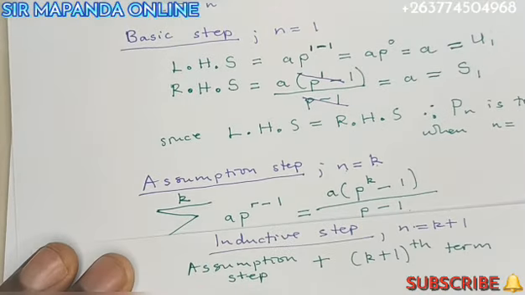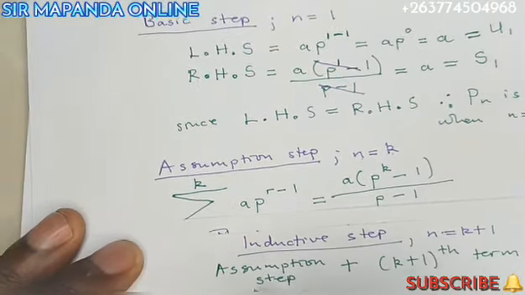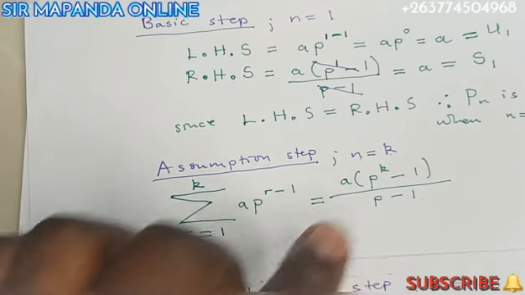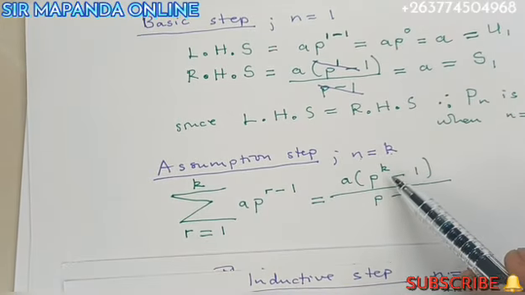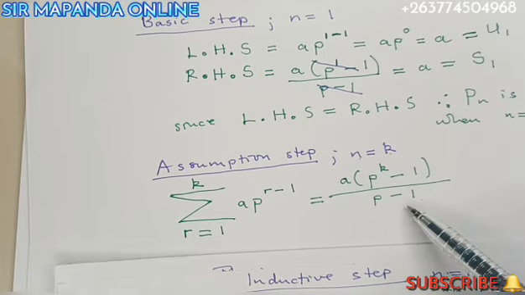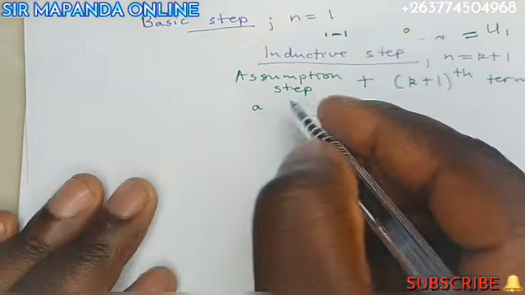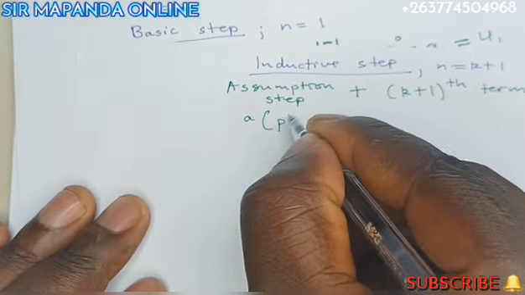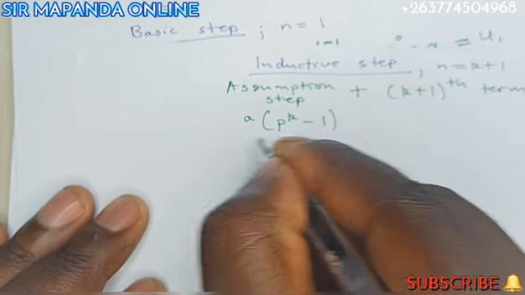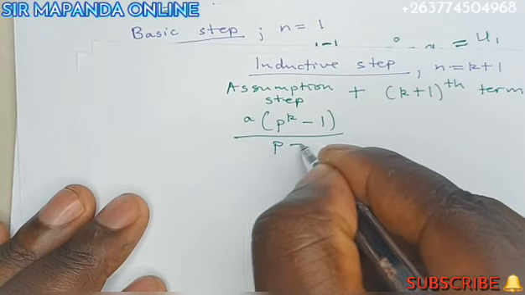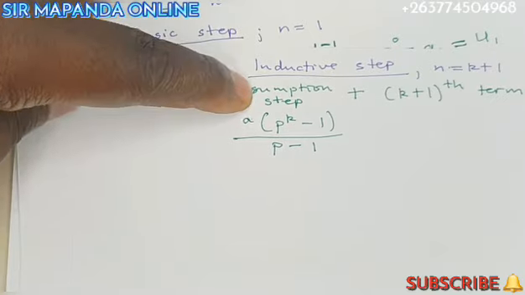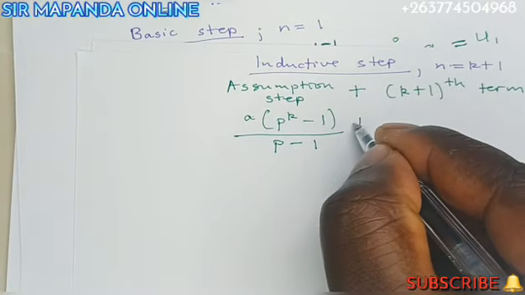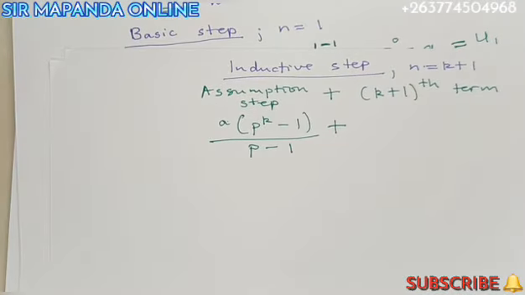Where is our assumption? The assumption step is a, open bracket, p to the power of k minus 1 divided by p minus 1. So I'm going to write a, open bracket, p to the power of k minus 1 divided by p minus 1. This is your assumption step. So this assumption is going to be added with the k plus 1th term.